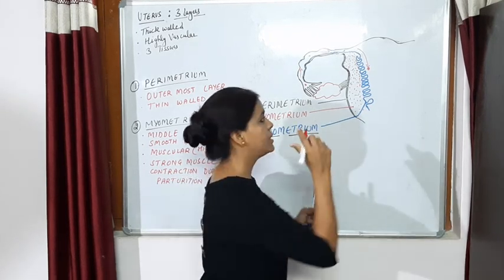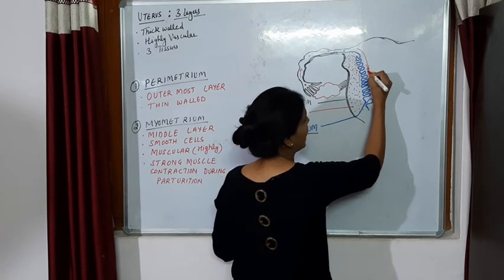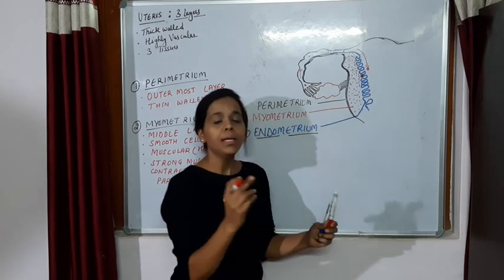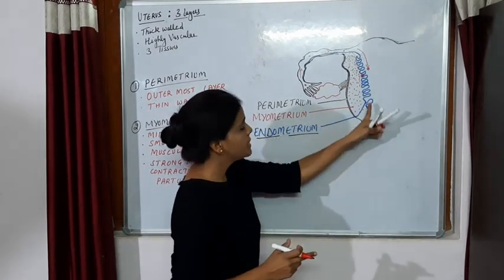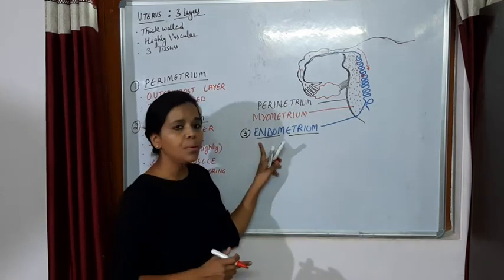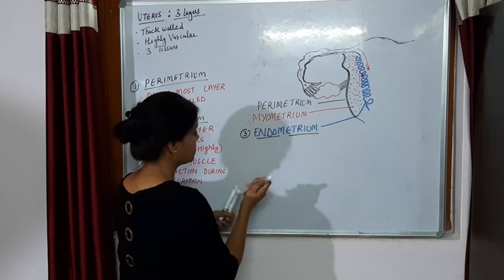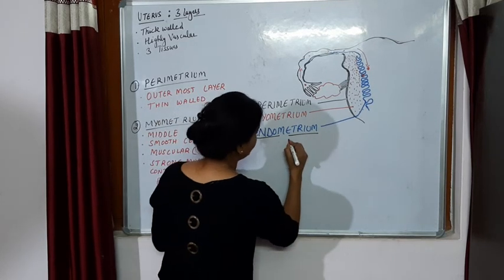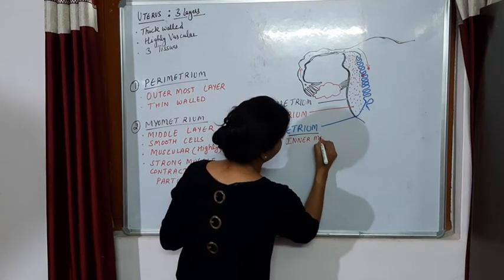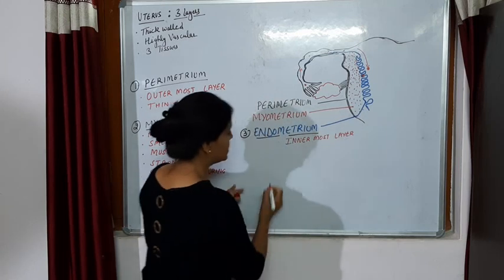We will discuss all these things in detail, but here you need to know that this embryo is implanted in the innermost layer of the uterus, that is the endometrium. So first, it is the innermost layer of the uterus.